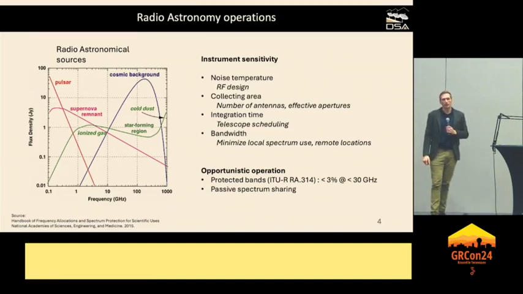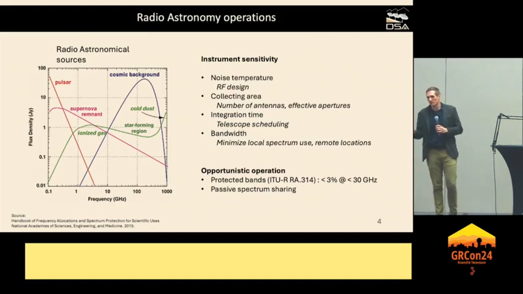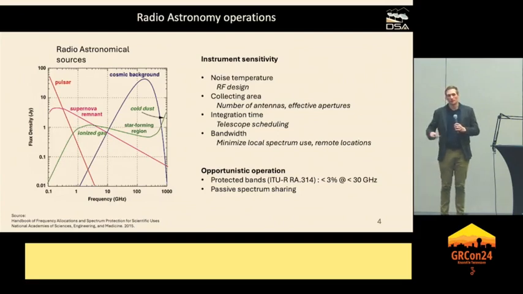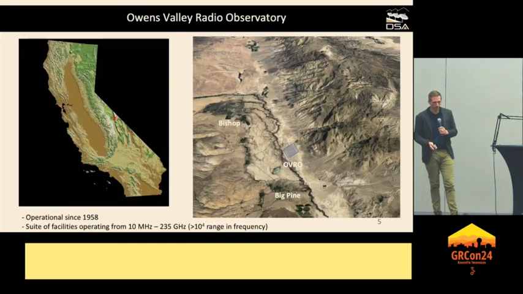But basically, less than 3% of the spectrum under 30 gigahertz is allocated to radio astronomy. It's not much. So it is common practice for us to observe outside of those bands and have to deal with what we call radio frequency interference. It's not interference from an FCC point of view, from the regulator's point of view, because those signals are allowed to transmit. But it is interference for us because it's just not a signal that we want to observe, right? So we're very used to passive spectrum sharing.